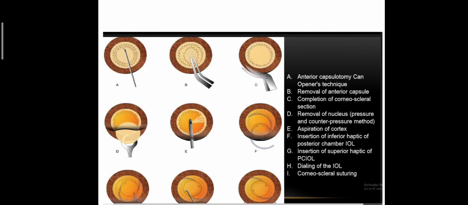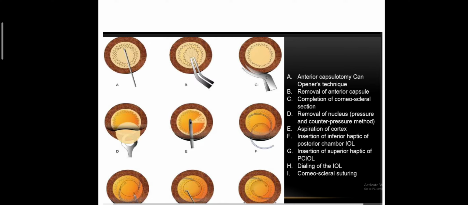Hydrodissection is nothing but injection of BSS, balanced salt solution or Ringer's lactate, between the capsule and under the peripheral part of the anterior capsule. So this separates the nucleus from the cortex and helps in prolapsing of the nucleus into the anterior chamber.